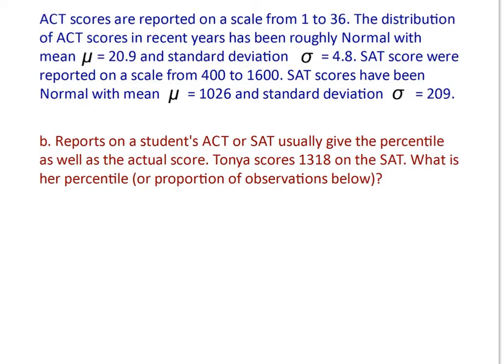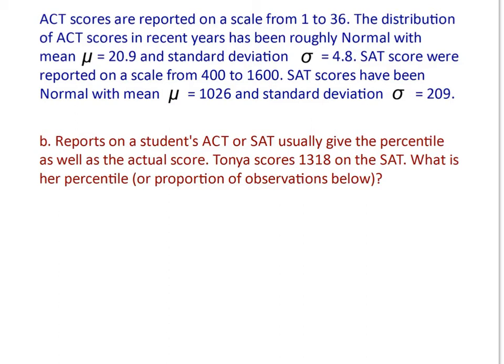Part B says reports on a student's ACT or SAT score usually give the percentile as well as the actual score. Tanya scores 1318 on the SAT. What is her percentile or proportion of observations below? Well, this looks really similar to stuff we've been doing, and it is. It's just sometimes these are challenge problems because they're really wordy.